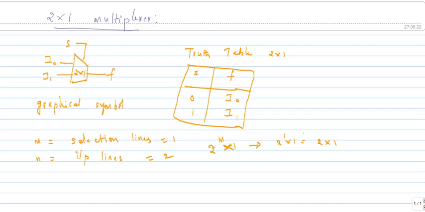Moreover, based on this truth table, we can write the logic diagram for the 2 by 1 multiplexer. Logic diagram for 2 by 1 multiplexer, where I0 is the input, S is the selection line, I1 is the input.